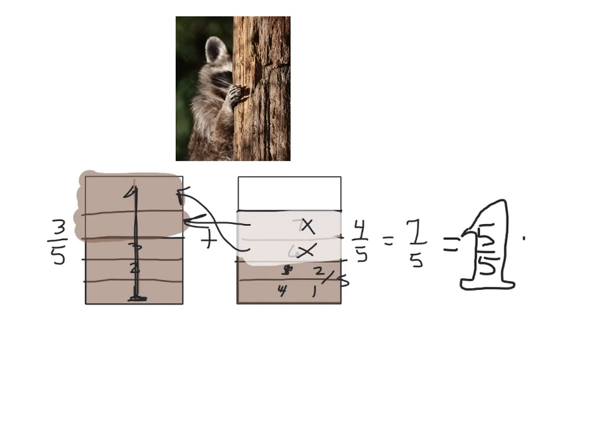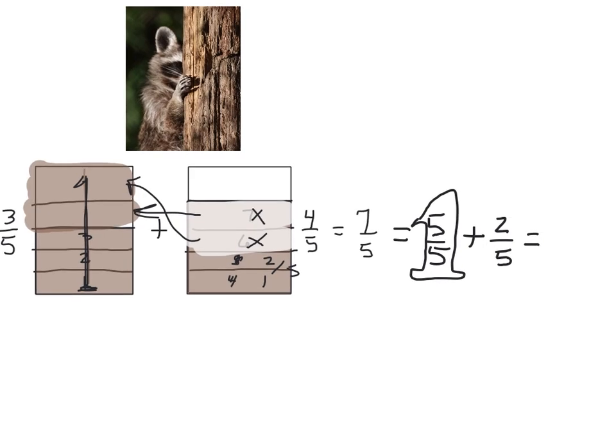And then we added another 2/5, which we got right here. These 2/5, so I added those two. 2/5. And then I can convert it all the way to saying simply 1 and 2/5. And this is your reduced answer, as they would call it.